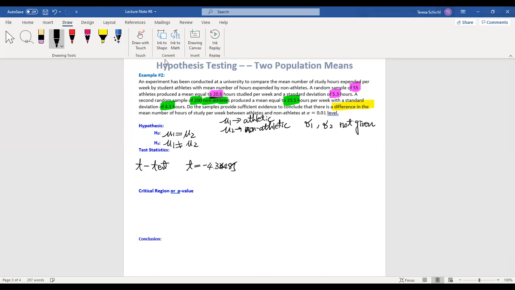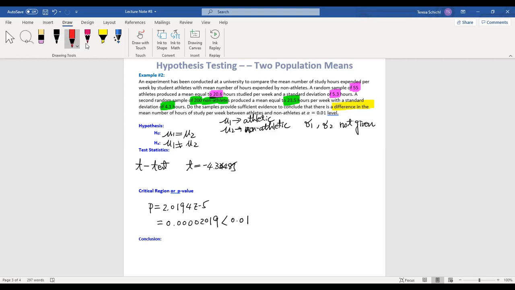And the p-value here is 2.019 e to the negative 5. That means this is 0.00002019. This is way less than 0.01.